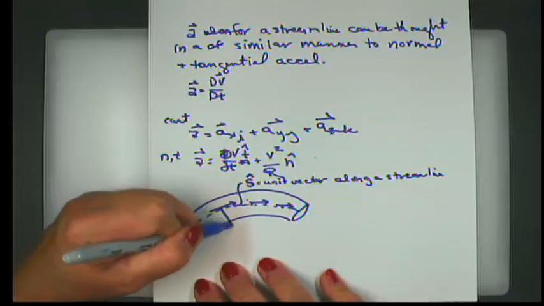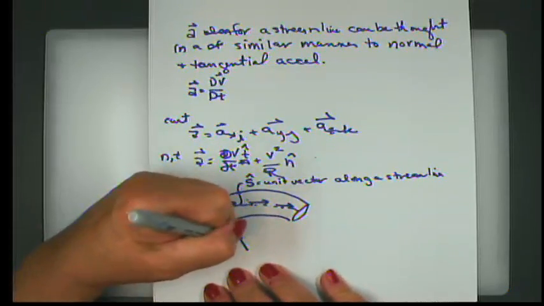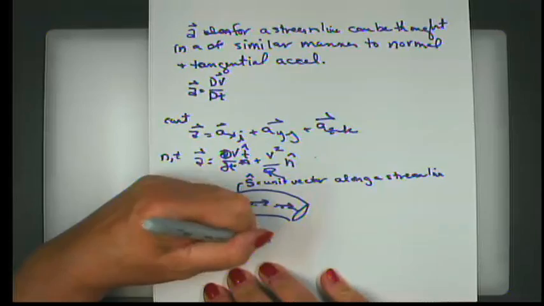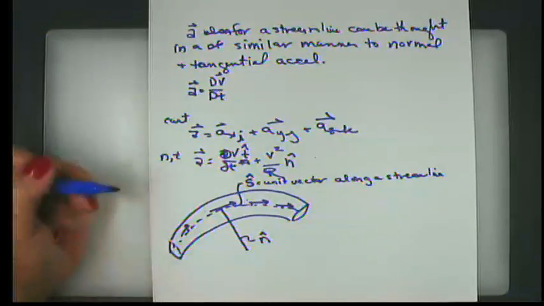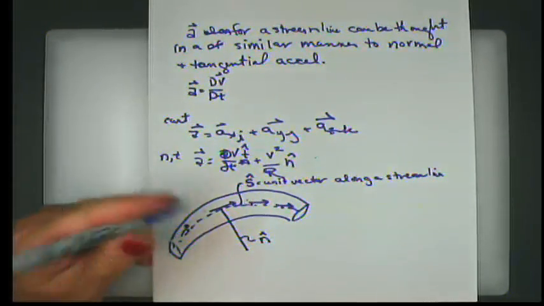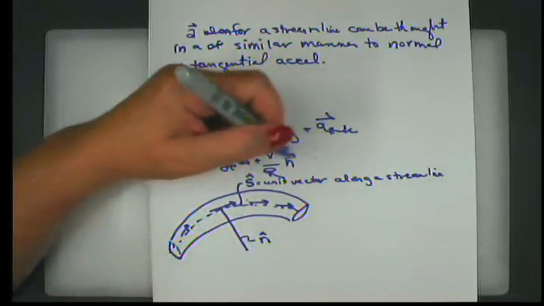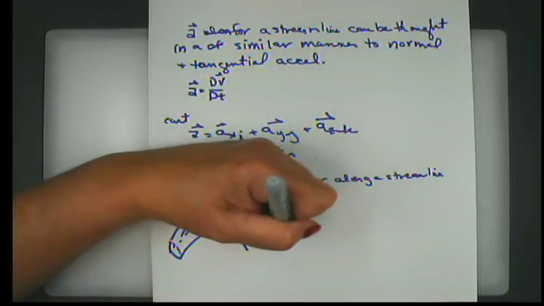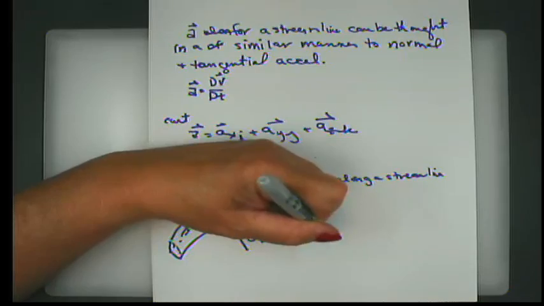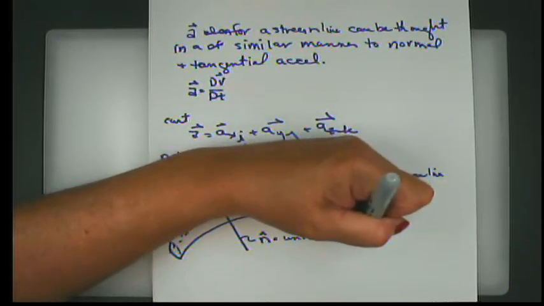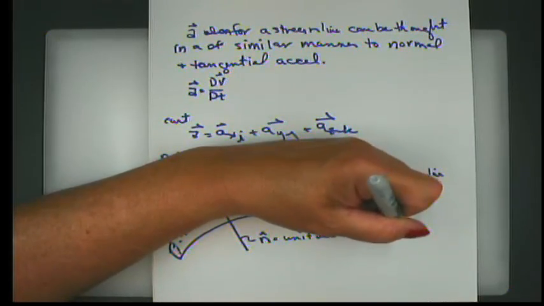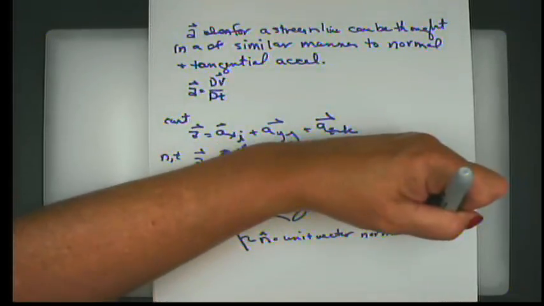And perpendicular to that, we would have a unit vector N super cap. The N super cap then is the unit vector normal to, or perpendicular to, a streamline.